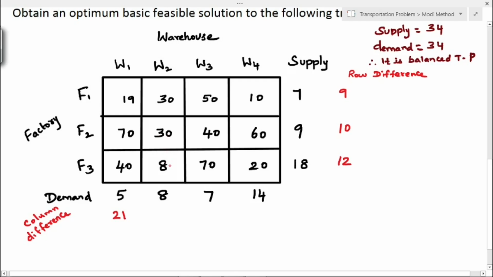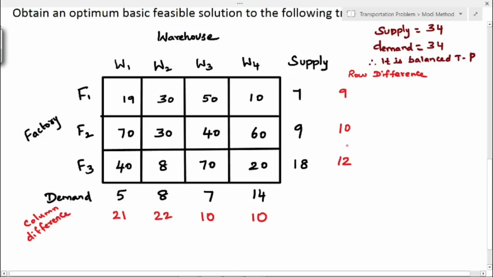If you subtract, you will get 30 minus 8, that is 22. Next move on to third column 50, 40, 70. Least values are 50 and 40. So the difference is 50 minus 40, that is 10. Next last column 10, 60, 20. So the least values are 10 and 20. So the difference is 20 minus 10, that is 10.